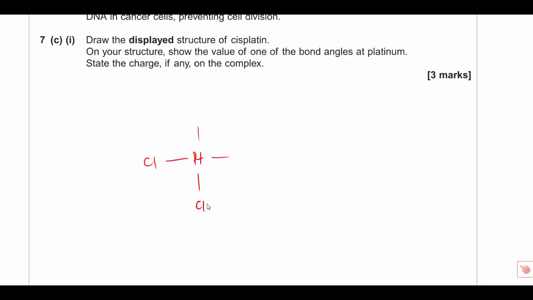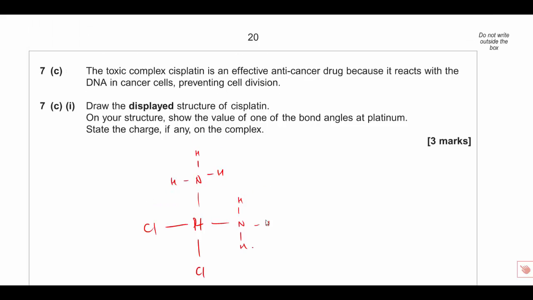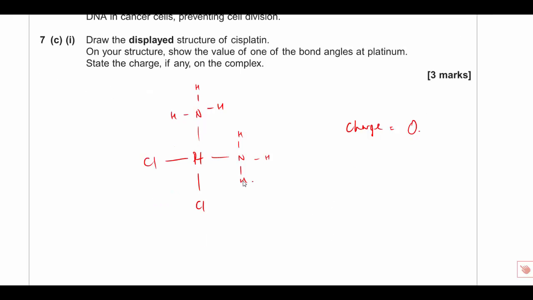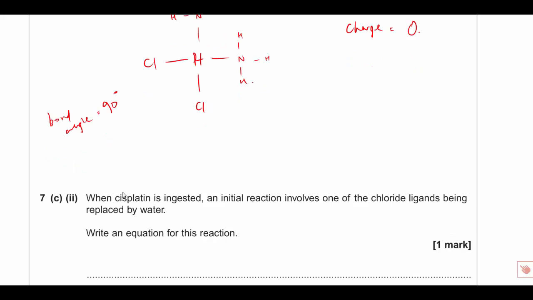The 2 chlorides, and then make sure we have the NH3s on there. Okay, charge equals 0. Nice cancelling effect there. One of the bond angles at platinum, 90 degrees, is that square planar shape.